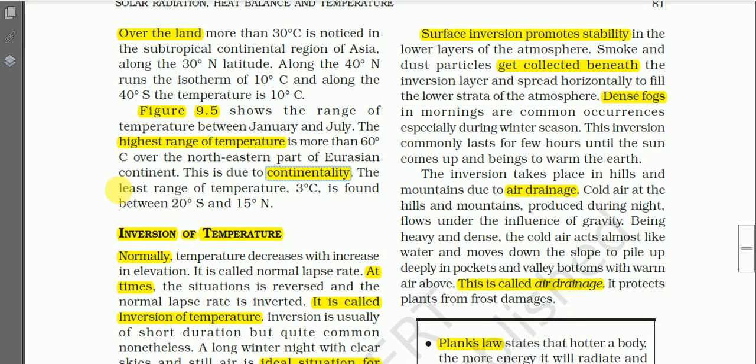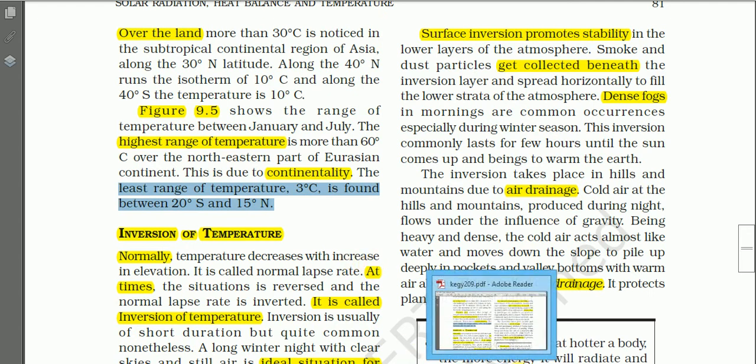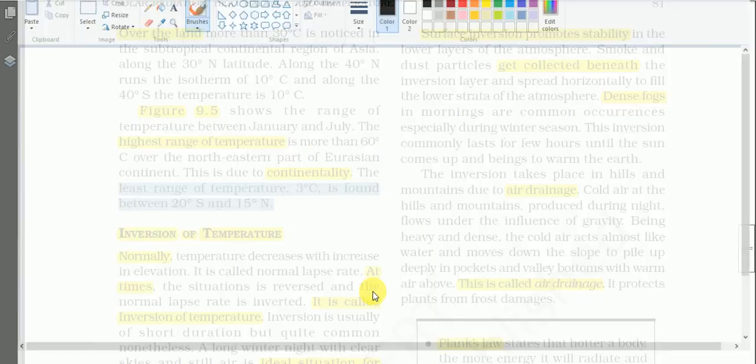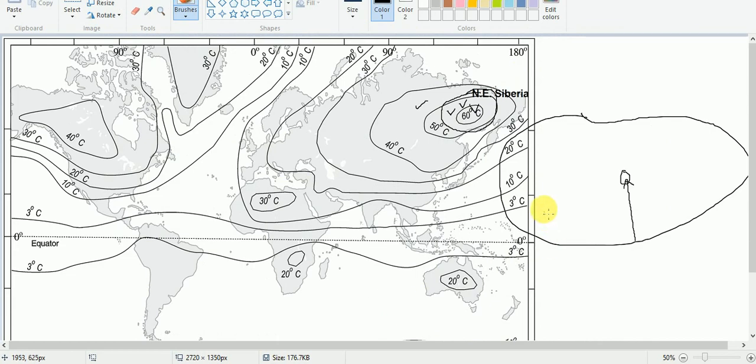And the least range of temperature, that is 3 degrees Celsius, is found between 20 degrees south and 15 degrees north. See here, between here we have this 30, and 15 is somewhere here, and 20 is here.